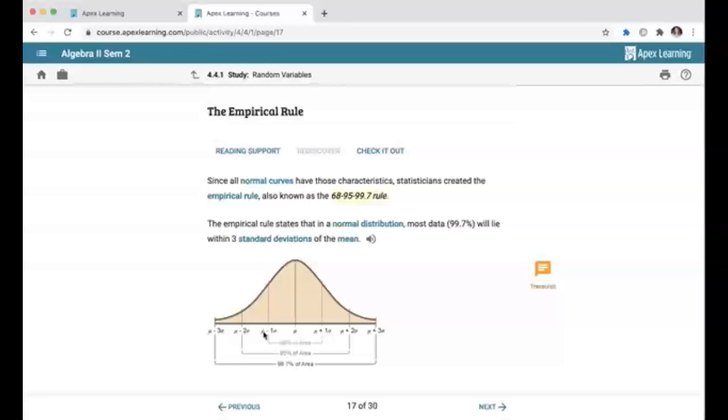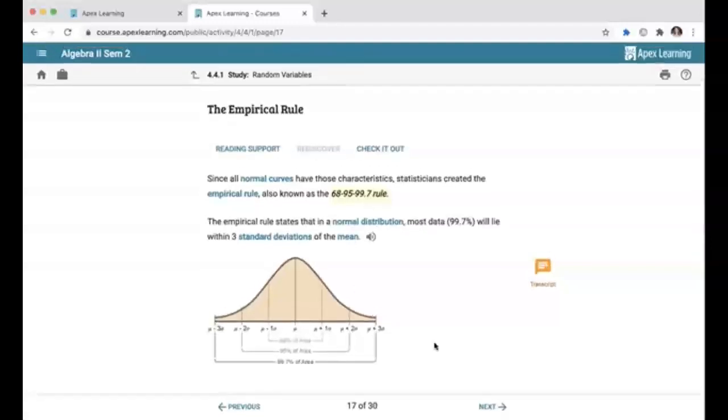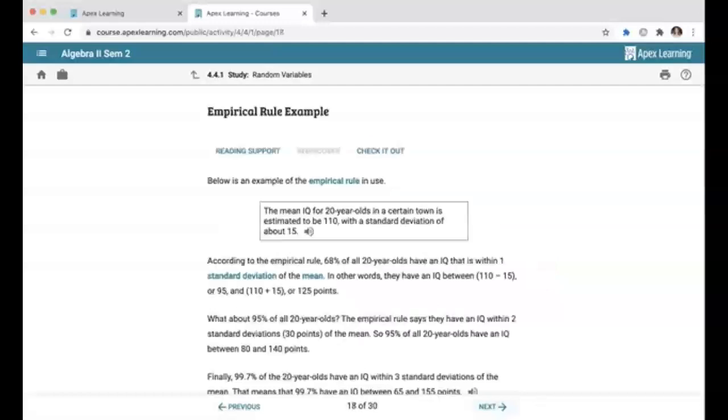The first standard deviation should be about 68%, the second about 95%, and the third about 99.7%. So most data, 99.7%, will lie within 3 standard deviations of the mean.